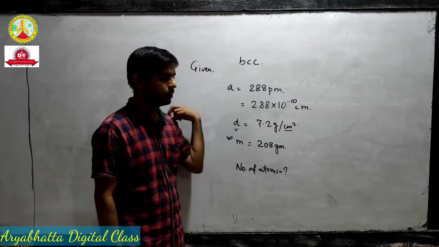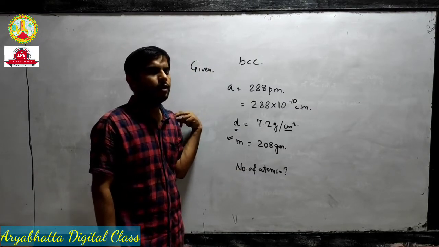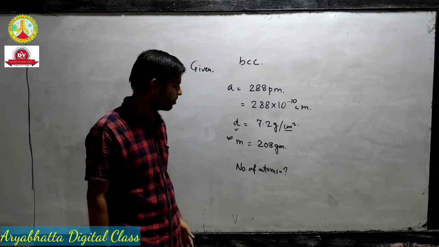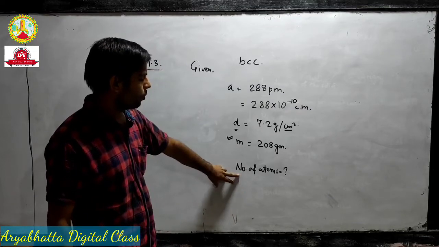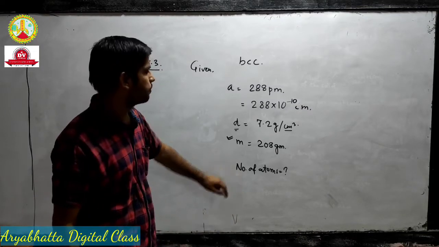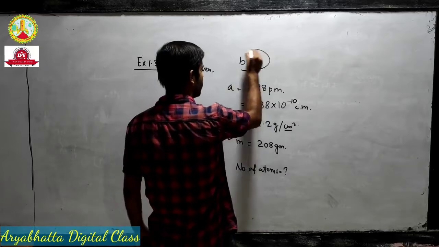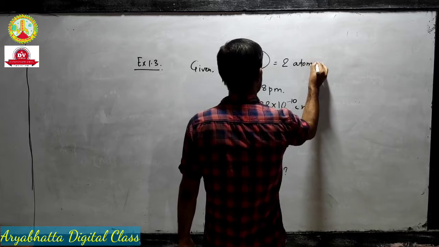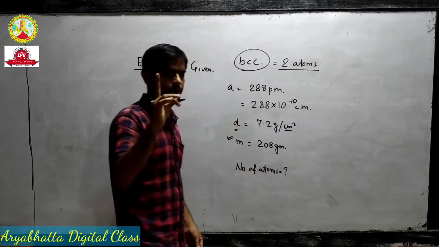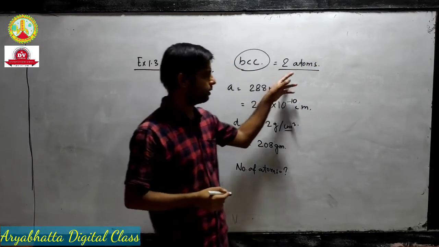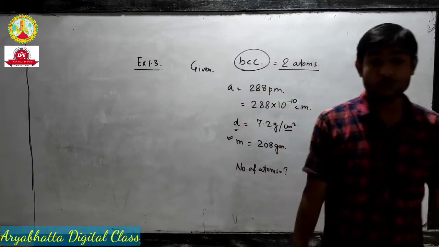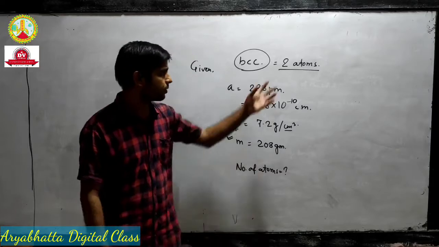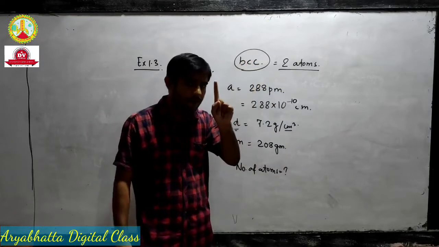First we have to figure out how we will solve this question. We want to know the number of atoms. Now in BCC, body centered cubic lattice, we have 2 atoms per unit cell, and one unit cell will have a particular mass.